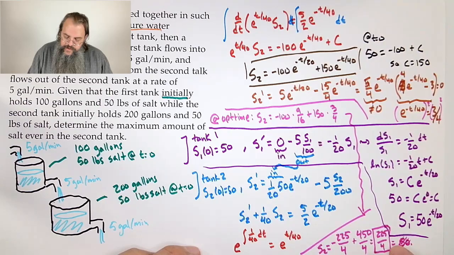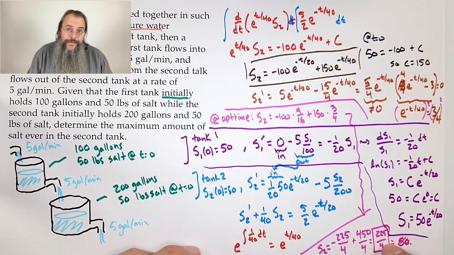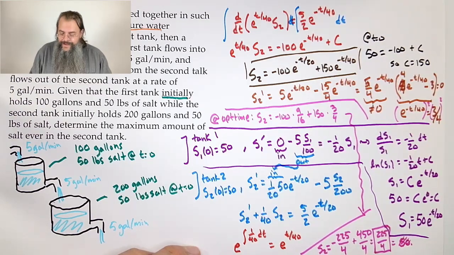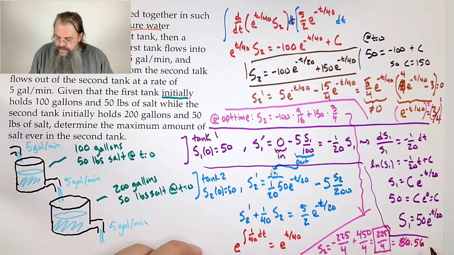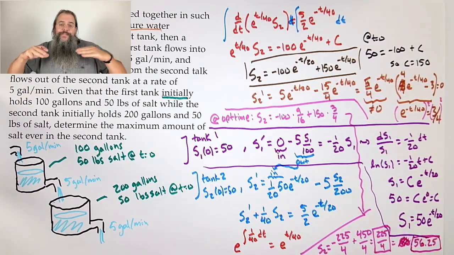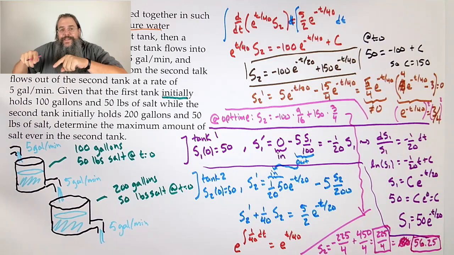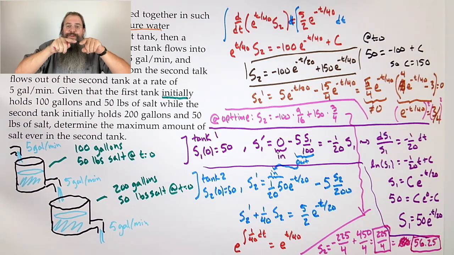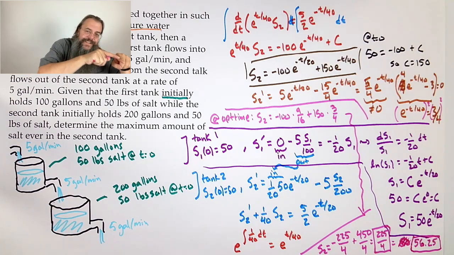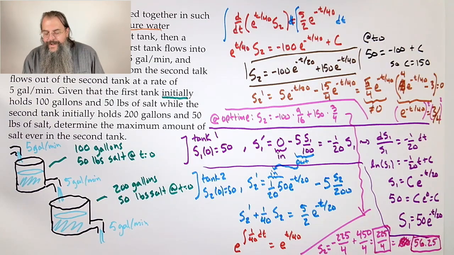In fact, this is really 224 plus 1 over 4. 224 is 56, and so it's 56.25. So that is our maximum amount of salt. It starts out at 50 pounds of salt, goes up to 56.25 pounds of salt, and then in the long run goes to 0.